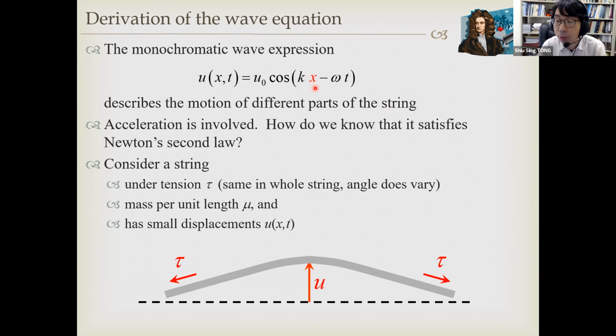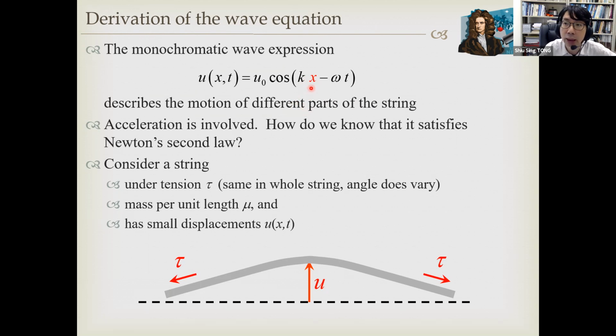If we choose x equal to 1 meter, then we are always looking at the position where x is equal to 1 meter. Okay, looking at another position of the string, we see the particle vibrate up and down again. So x means we look at different parts of the wave. You can choose different x, and you look at different parts of the wave.